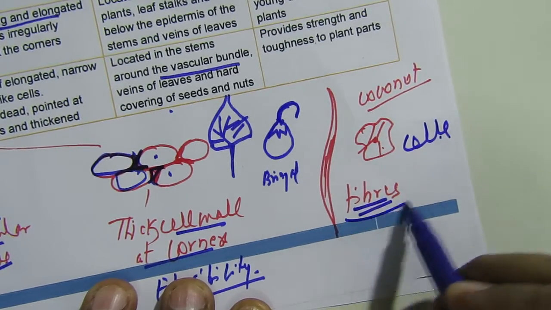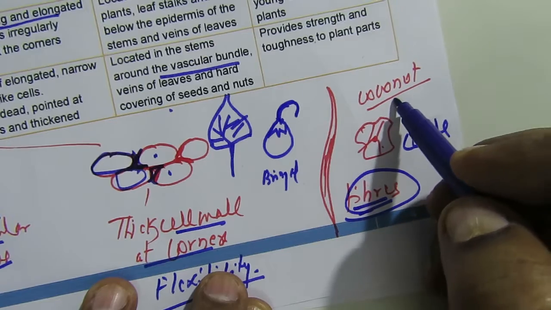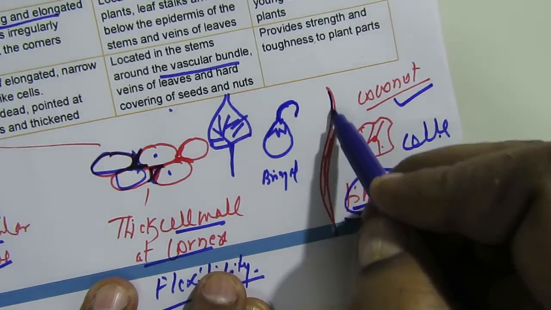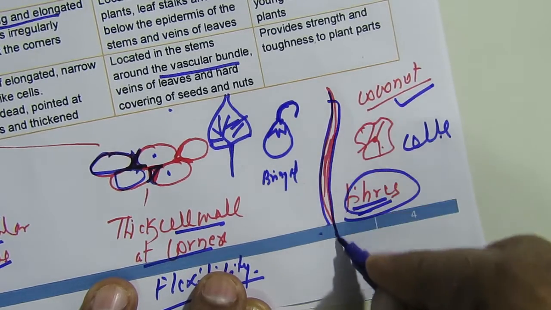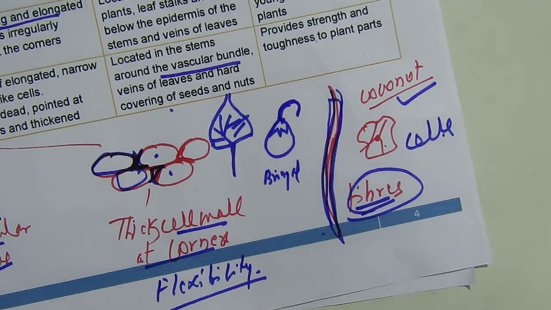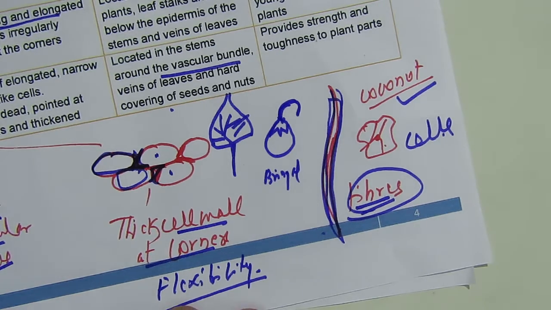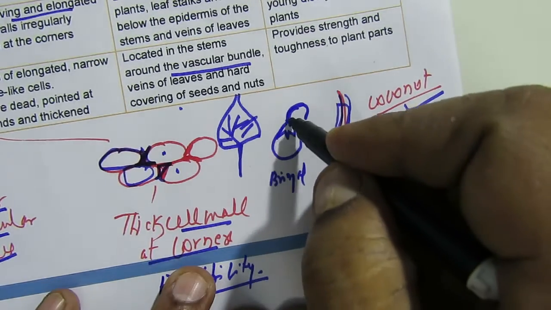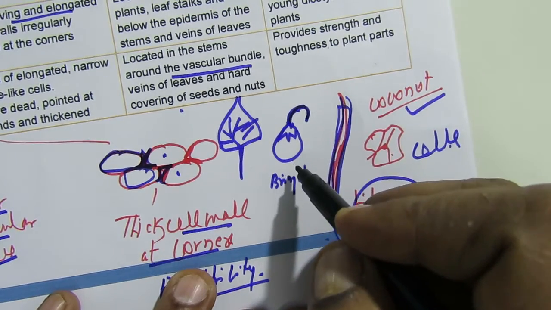You can see the outer husk of the coconut, that is made up of very long fibers. One fiber is not one cell, it is a collection of many cells. The long cells are there, very strong, extremely strong. You cannot break them easily. Even you can see the fruit stalks. For example, I have drawn here a brinjal plant.